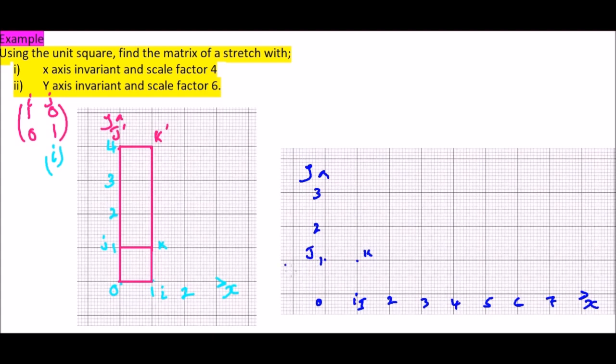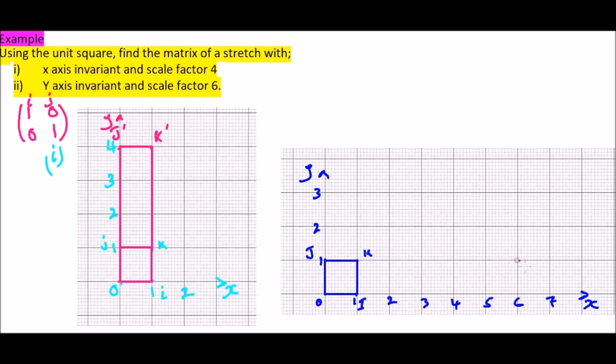So we are going to join the points to come up with the unit square. So this is our unit square. It is the transformation where the y-axis is invariant. So this is invariant, and therefore k will move along the x-axis.